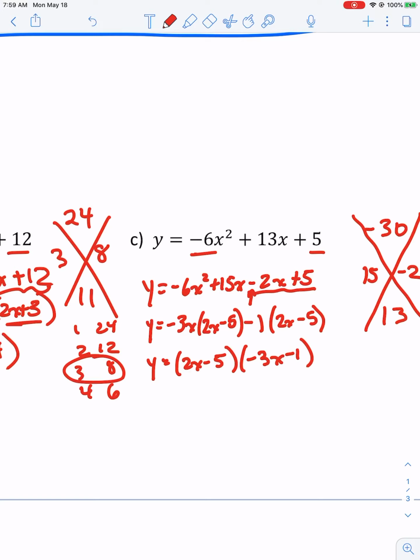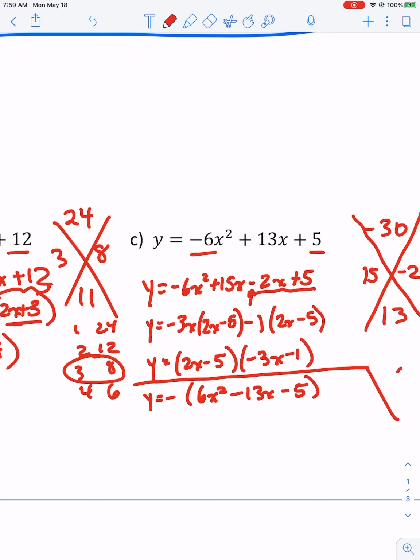All right, so now what I want to do is show you what this would look like if you common factored that minus out of there first. So let me just do that. If I take a negative out of all this, that leaves me with 6x squared minus 13x minus 5.